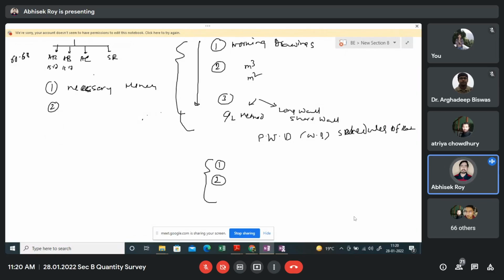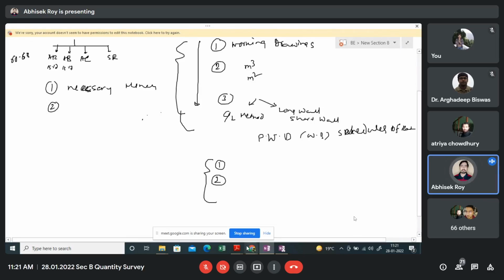For normal queries you can report to them also, but during the class, during the doubt clearing session, you can ask any teacher if you are feeling any problem in understanding any part of your problem, or any part of your quantity survey class. Okay, so these are the very basic introduction about the subject.